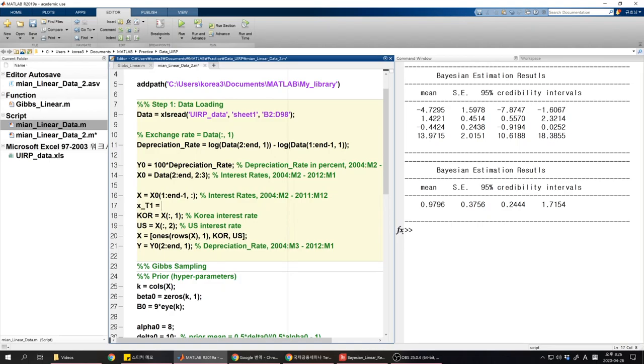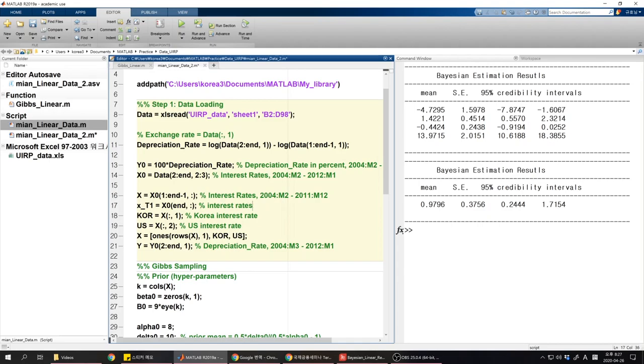Where is it? This is x 0, right? X 0, and comma colon, right? Colon.